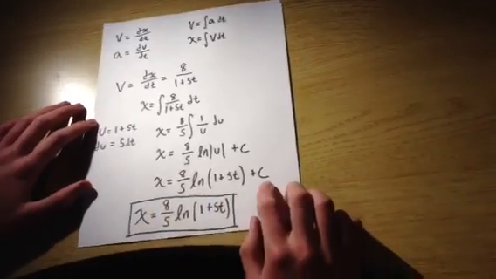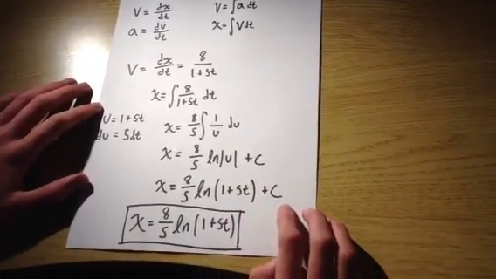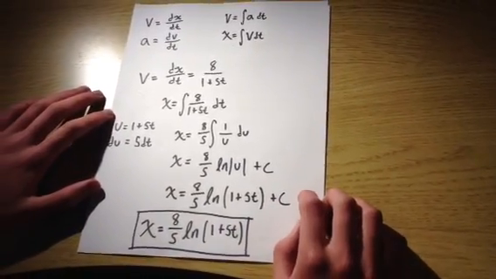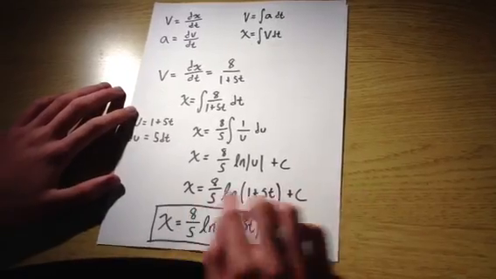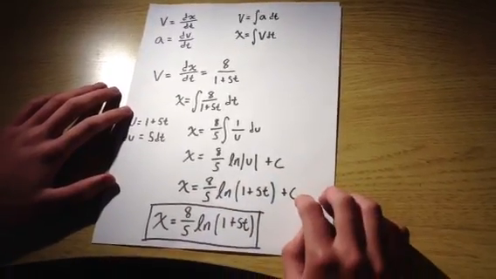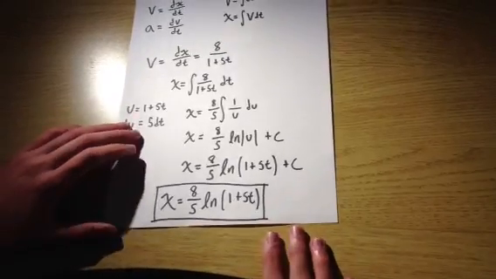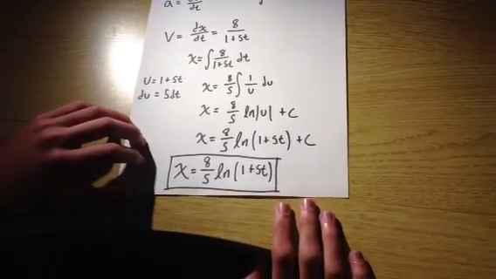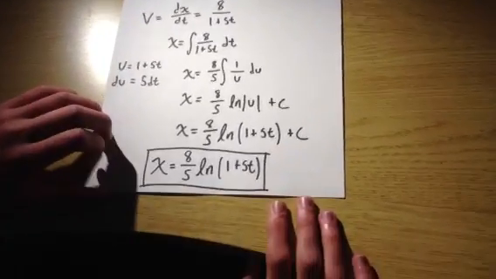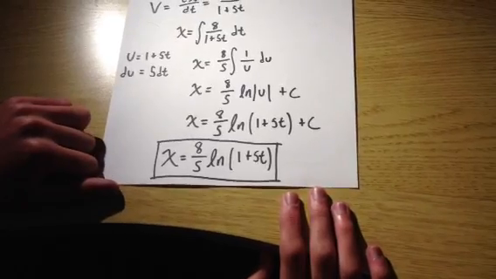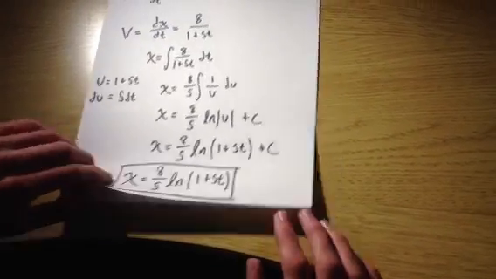We're able to take out c, because at time 0 position is equal to 0, which means that c needs to be 0 in order to make this work. So our final equation for the position is x equals 8 over 5 ln of 1 plus 5t.